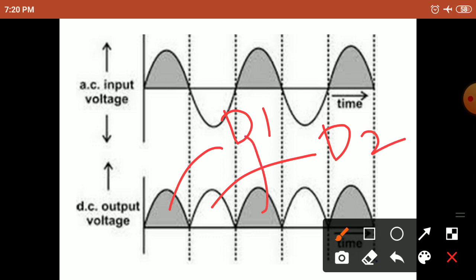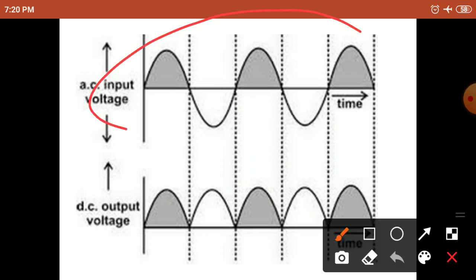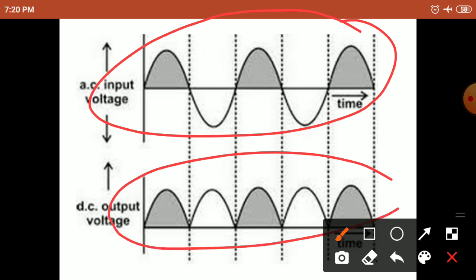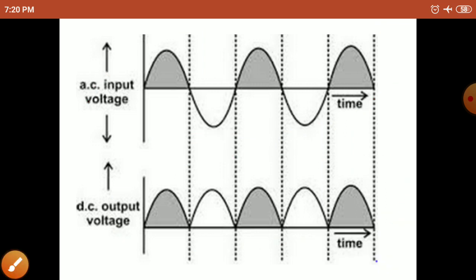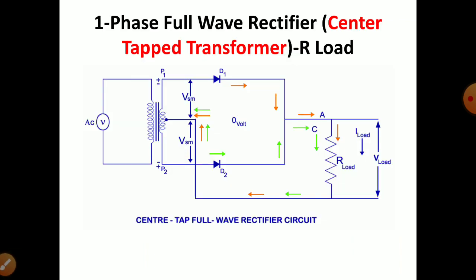Similarly, this is due to D1, this is due to D2. So this is how each cycle of AC is converted into DC, which appears across the load side. This is the input waveform, pure AC, and this is the pulsating DC waveform. This is how the single phase full wave center tapped rectifier works.